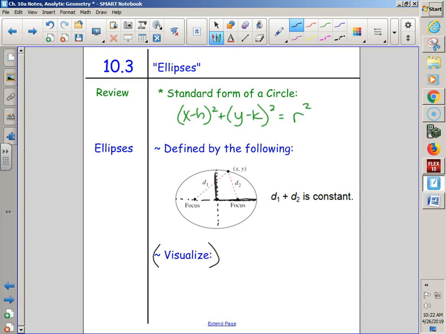But instead of talking about one radius, we're going to actually be talking about this guy, which we're going to call the major axis, this guy, which we're going to call the minor. The major axis is horizontal for this one, minor axis is vertical, major is the longer one. Minor is the shorter one.